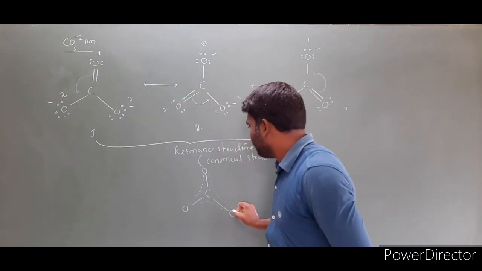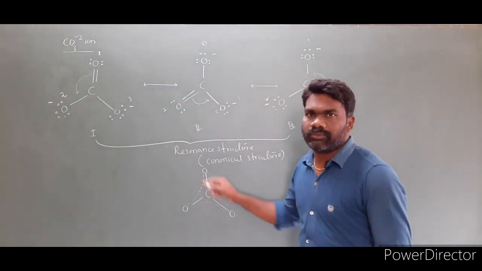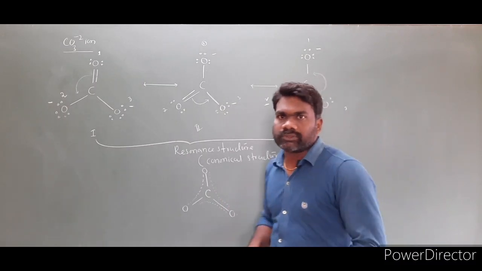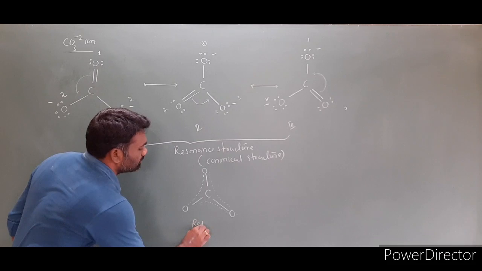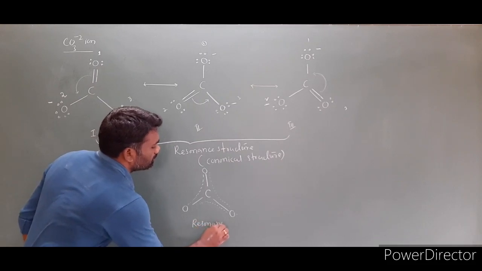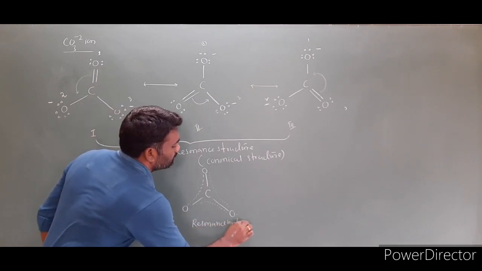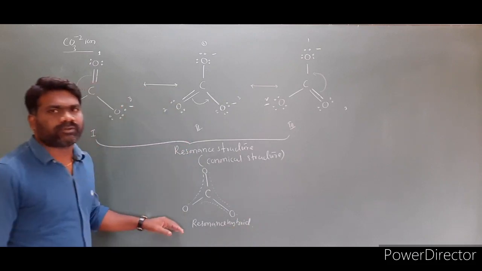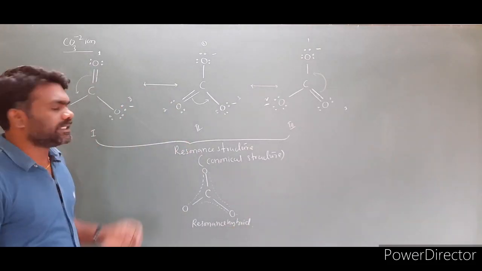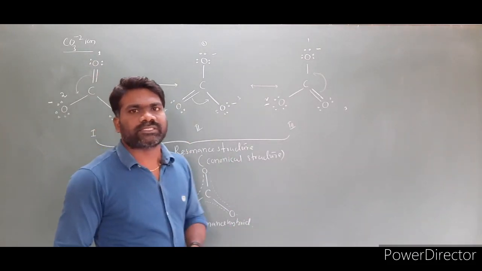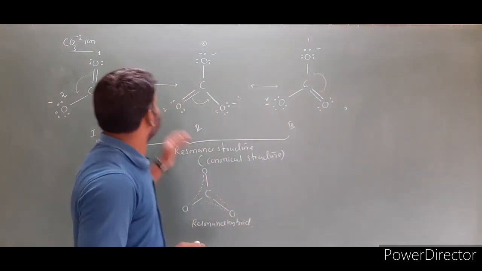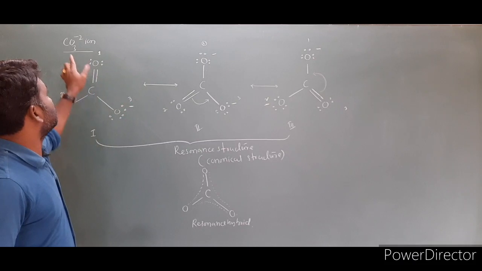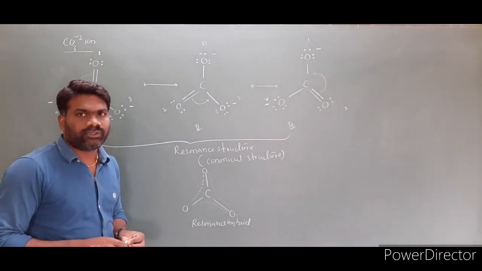That means between these two oxygens there is a movement of electrons. This structure is called a resonance hybrid. Through the resonance hybrid, one structure is interconverting into another structure. So this is the resonance structure for the CO3 2- ion.